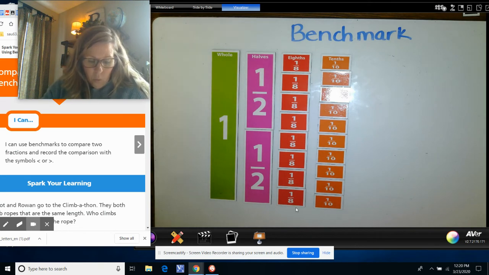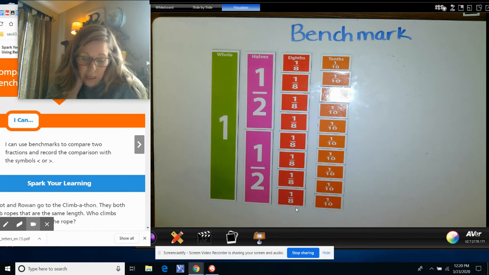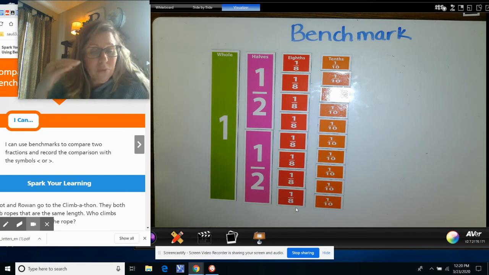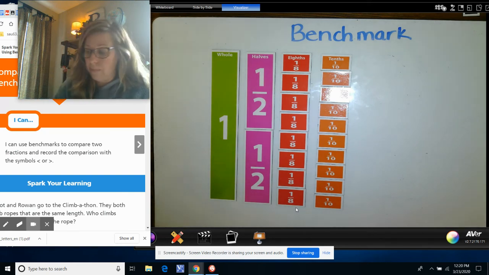What are possible mathematical questions that we could ask to solve this situation? Well, let's go back to the question. The question's asking who climbs higher than halfway up the rope? So they're asking which one climbs halfway or higher than halfway up the rope.